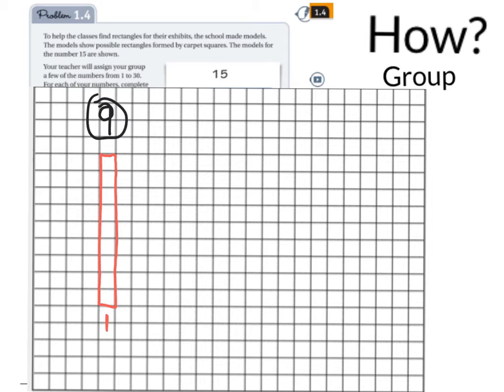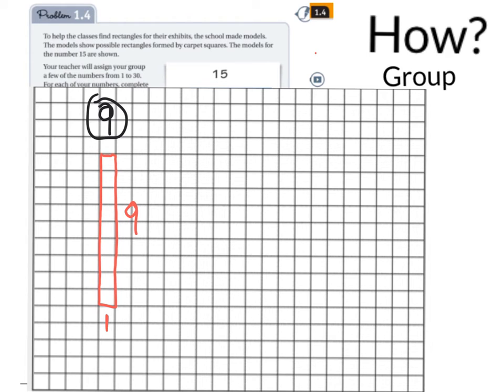This is a 1 unit by 9 units, 1 by 9, because if we count 1, 2, 3, 4, 5, 6, 7, 8, 9, there's 9 on this side. So that would be one example of a rectangle.